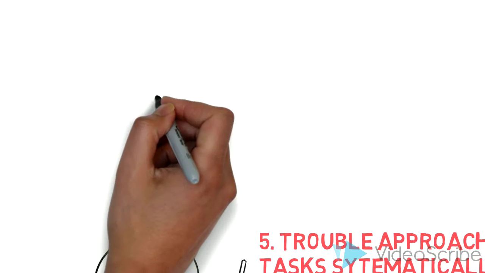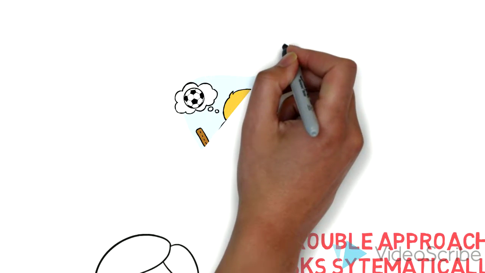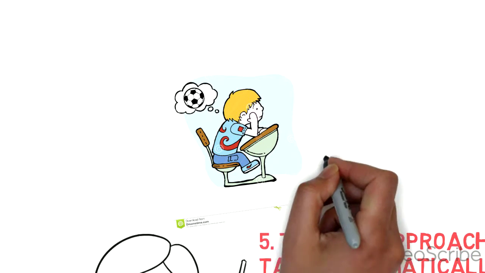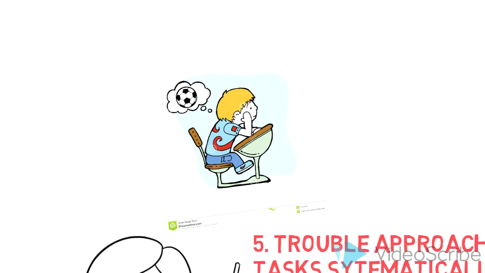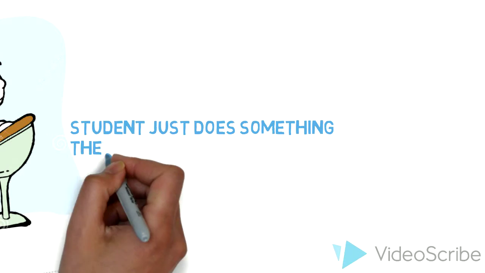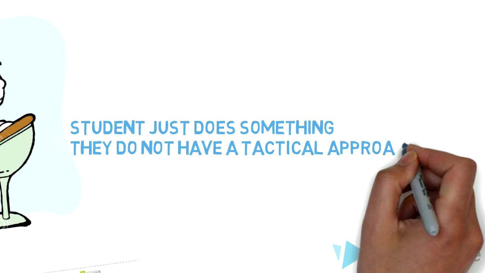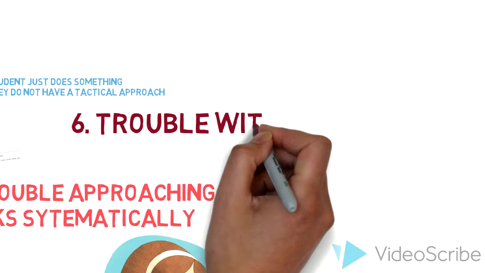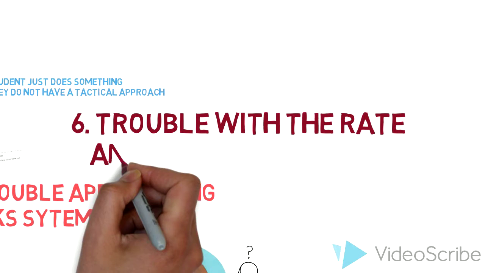They may have weak attention control, think they are trying and are surprised when they're told they're not. They may be daydreamers or unfocused and do not check over their work. Students just do something, they do not have a tactical approach. The sixth is trouble with the rate and amount of demands.